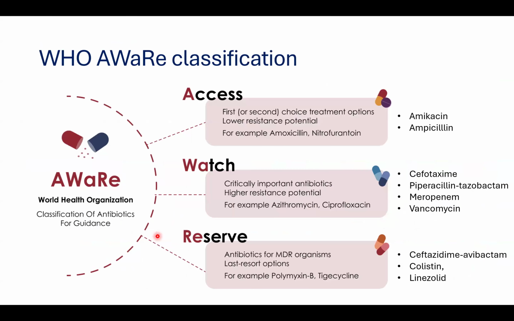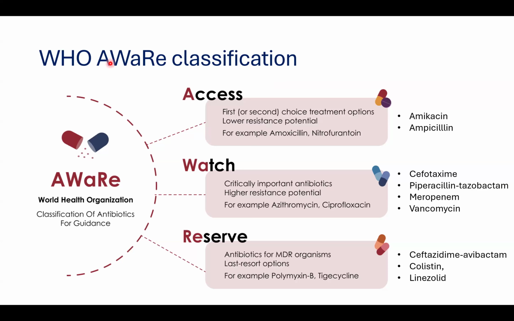So before we discuss how somebody would decide what is the first line and what is the second line antibiotics, you need to understand this classification. So the WHO has made a classification of the antibiotics, which helps us decide which antibiotics should be used first, which should be used later, and which should be reserved for very severe or exceptional cases only.